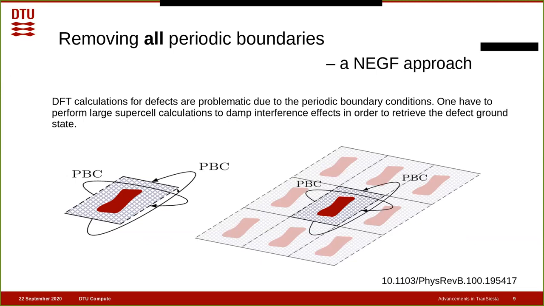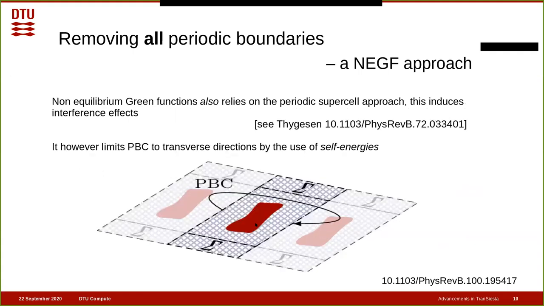In a regular SIESTA calculation, what you really have is periodic boundary conditions all around, so it will see its mirror defect all around for all cases. Now what you can do for TranSIESTA is remove periodicities, or the images, along one axis. So you'll still have some periodic images transverse to the self-energies of your left and right electrode. And that was what Pablo was referring to.